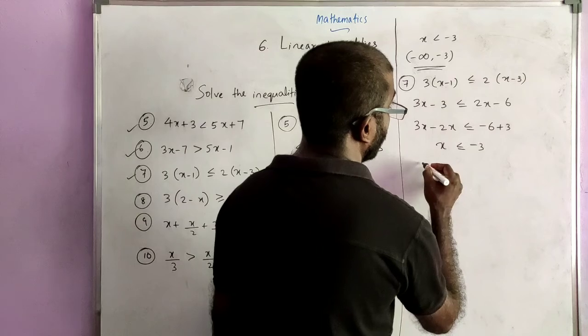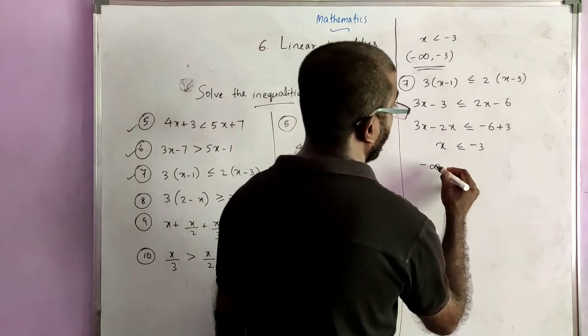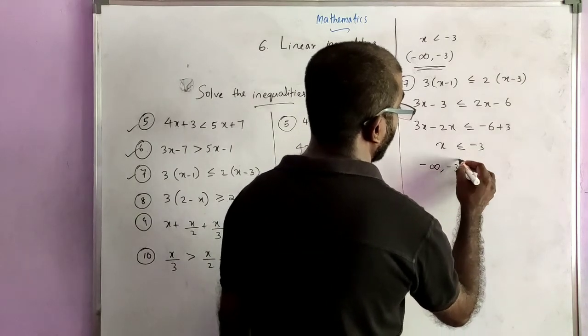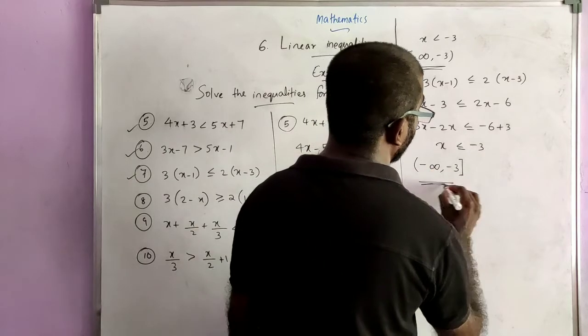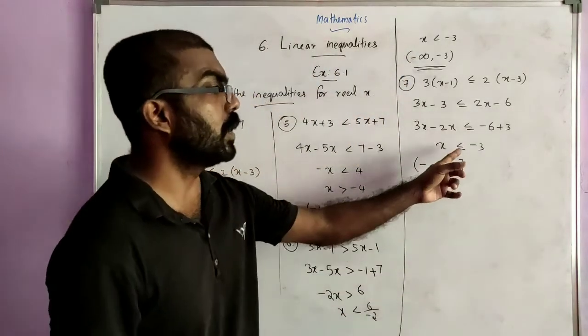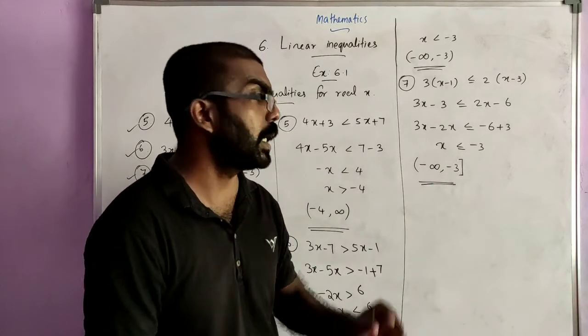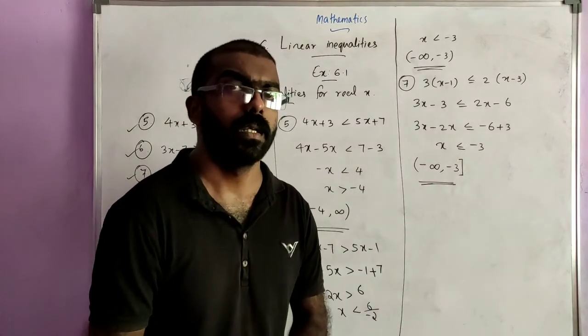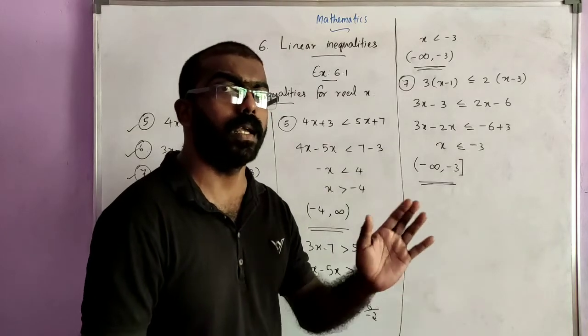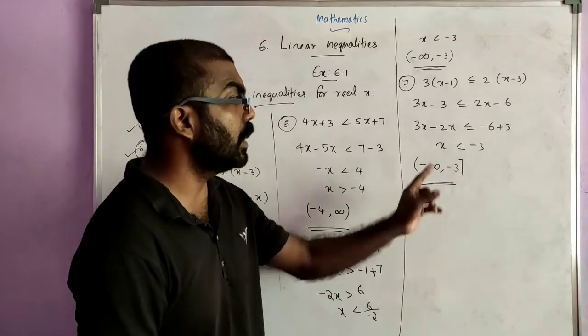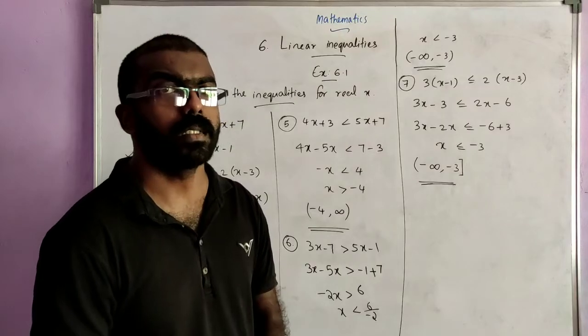Therefore the solution is minus infinity comma minus 3, here closed bracket, here open bracket. Equality is there, that's why we put the closed square bracket. Minus 3 is included. The numbers which are equal to minus 3 and less than minus 3. That is, x is less than or equal to minus 3.